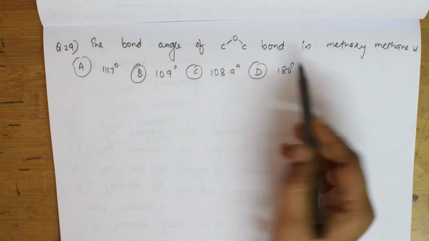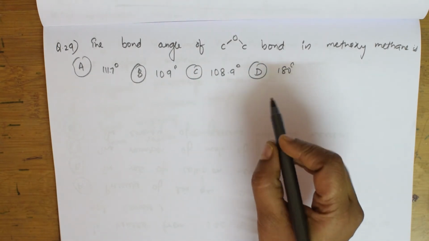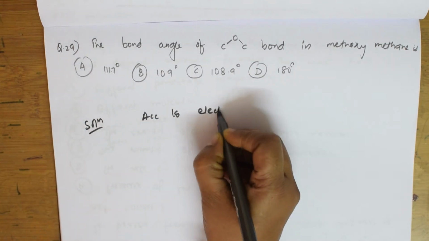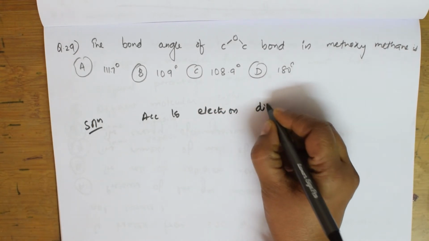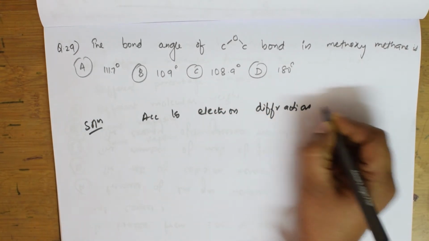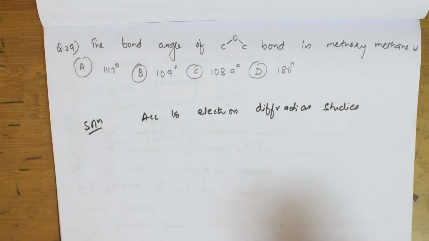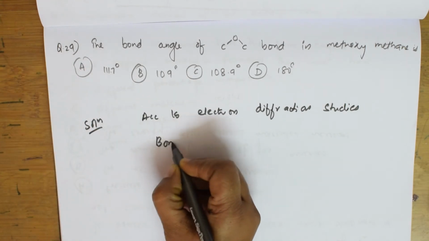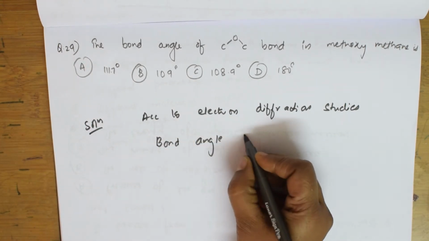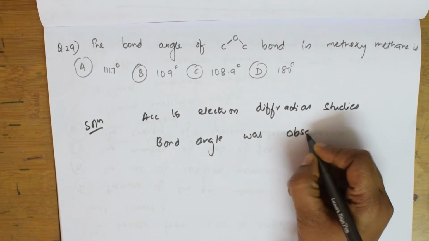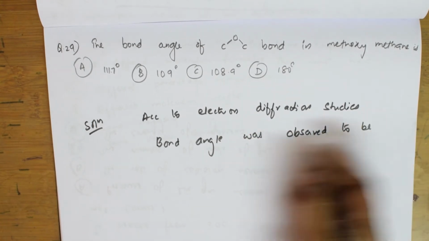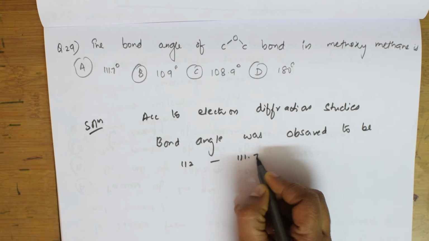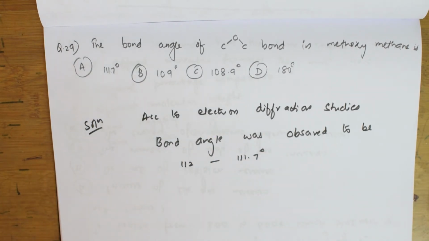But remember, here this is an exceptional case. According to electron diffraction studies, the bond angle was observed to be very close to 112, almost 111.7.